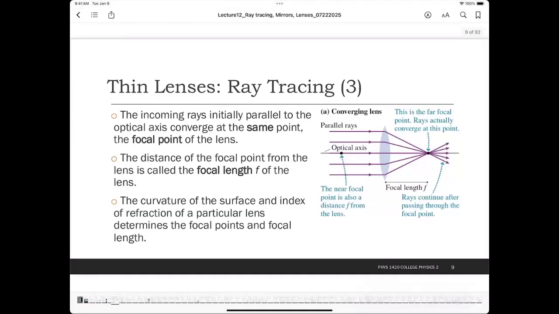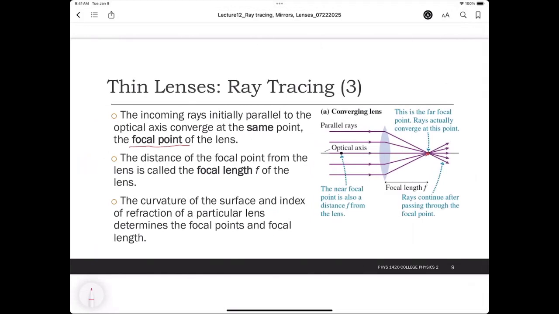The incoming rays initially parallel to the optical axis converge at the same point. This point, we name the focal point of the lens.